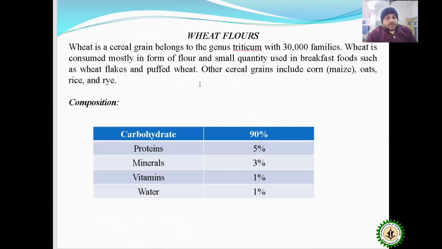In wheat flour, the basic composition is about 90% carbohydrate, 5% protein, 3% minerals and 1% vitamins. So a higher amount of carbohydrate is present in wheat flour, and we use this wheat flour for making different types of bakery items.